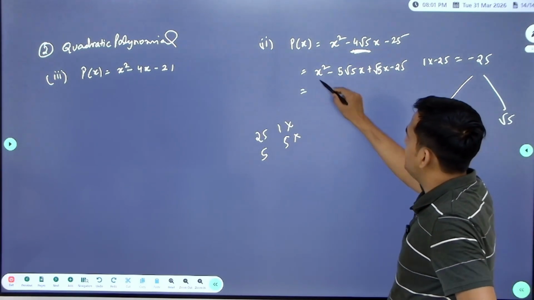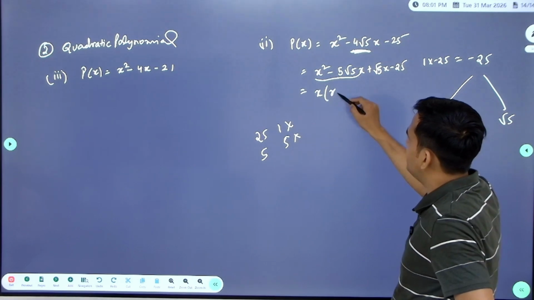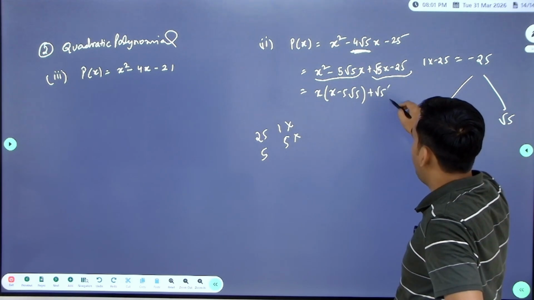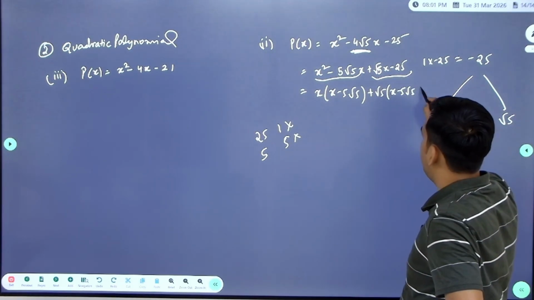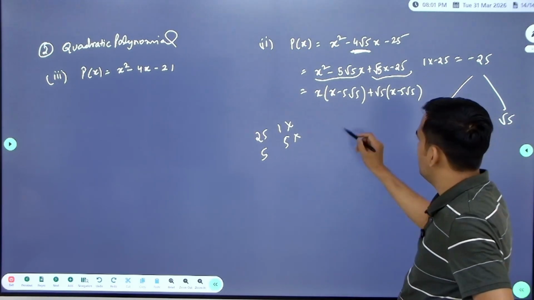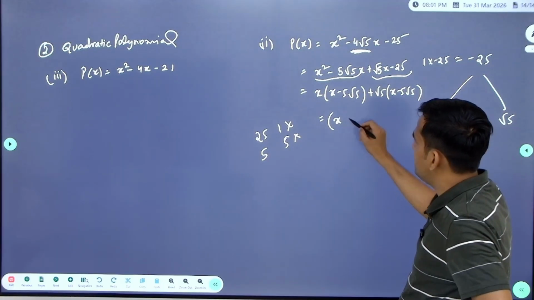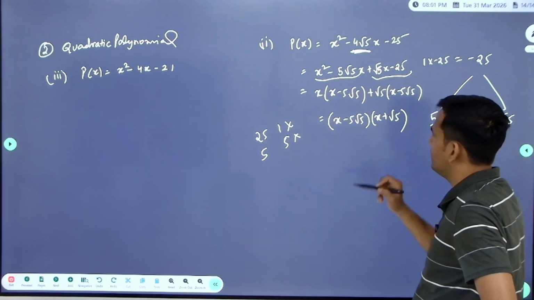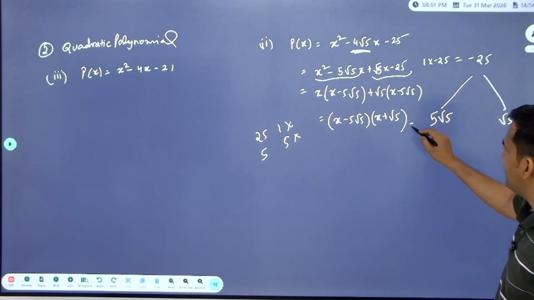Now, in these two, x is common, x minus 5 root 5. Here, the root 5 is common, x minus 5 root 5. So the factors you will get are x minus 5 root 5 into x plus root 5. Now you can equate them equal to 0.